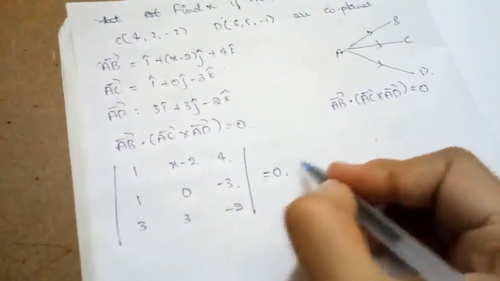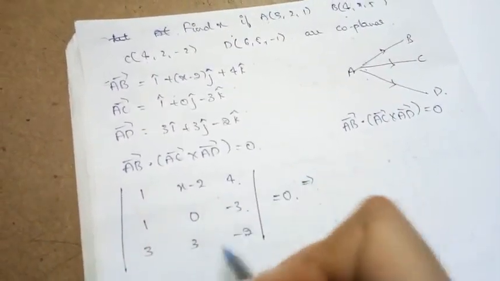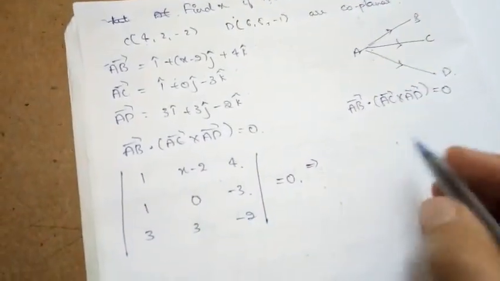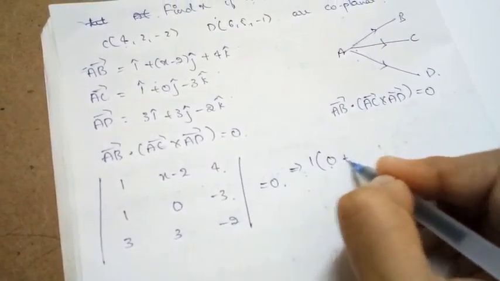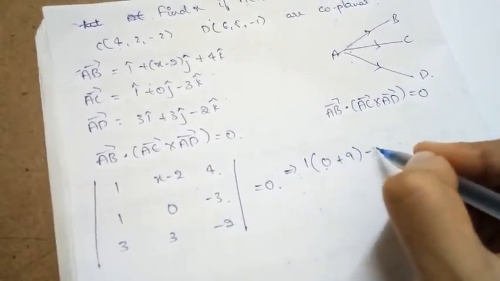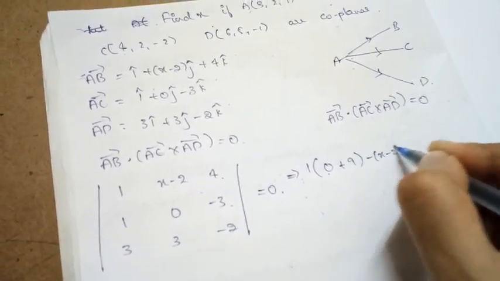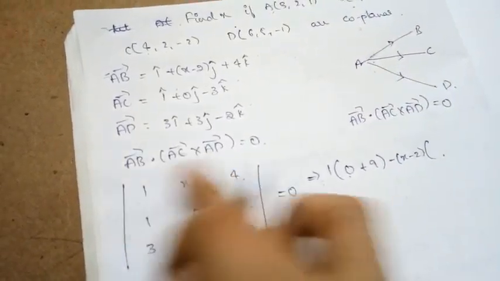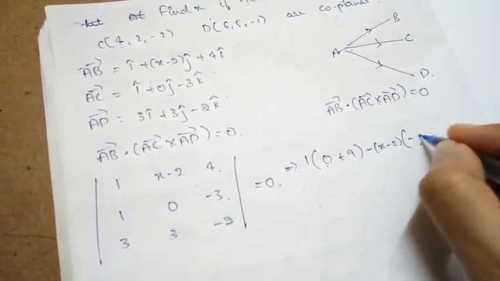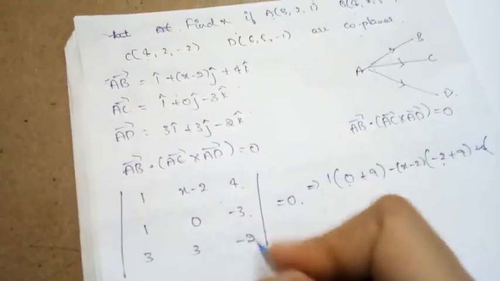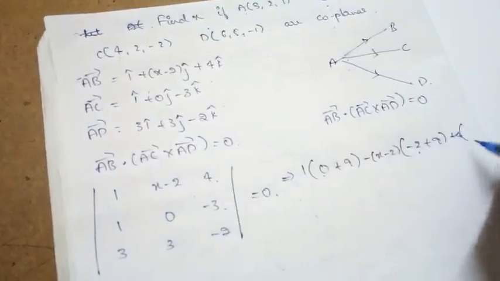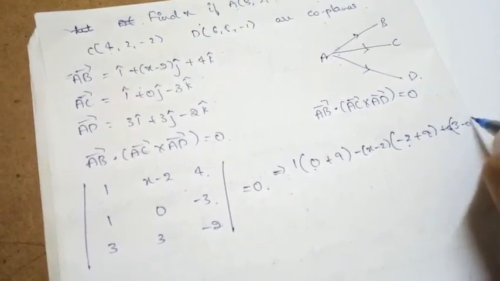Now expanding the determinant on the LHS, that is 1 times (0 minus of minus 9), minus (x minus 2) times (minus 2 plus 9), plus 4 times (3 minus 0).